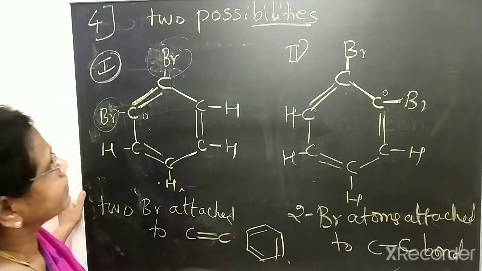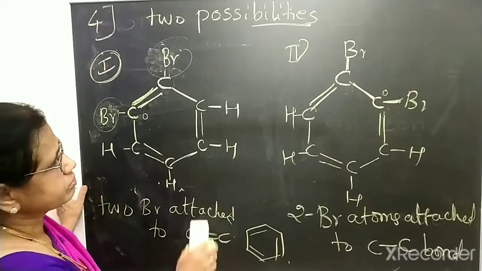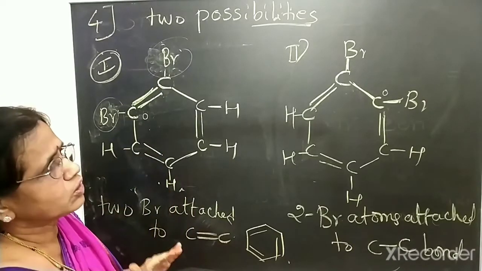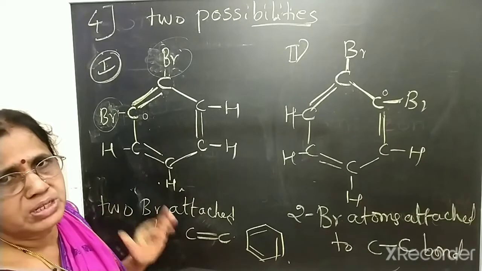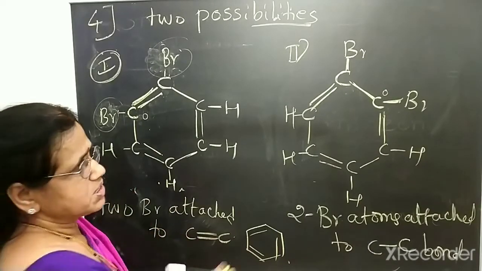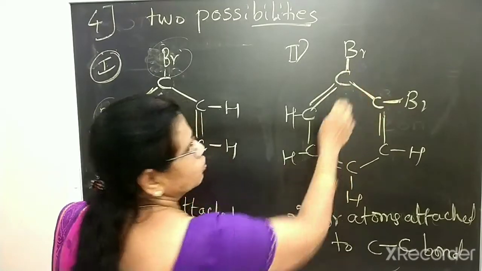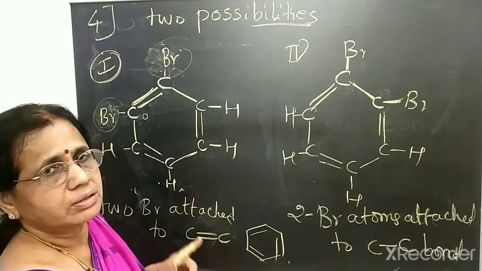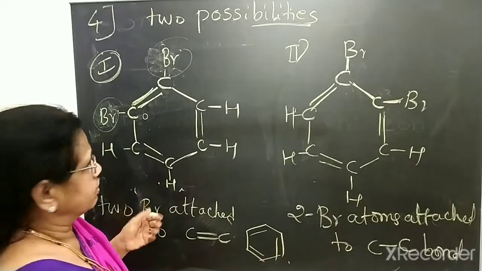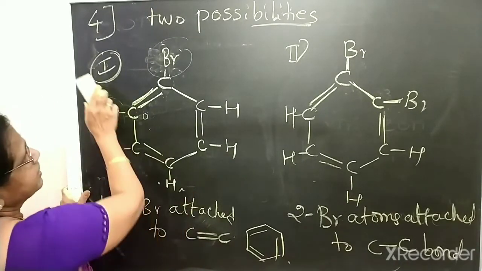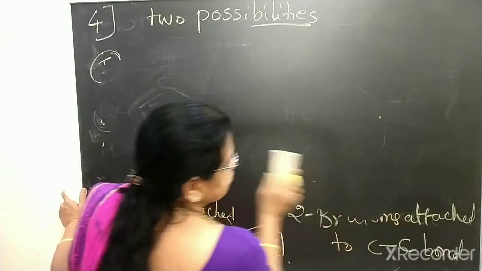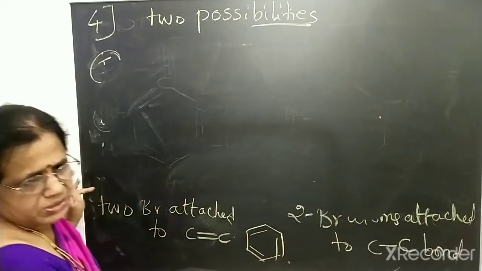But experimentally it is observed that it gives only one ortho-dibromo benzene. Actually, when benzene reacts with bromine, it gives only one ortho-dibromo benzene.